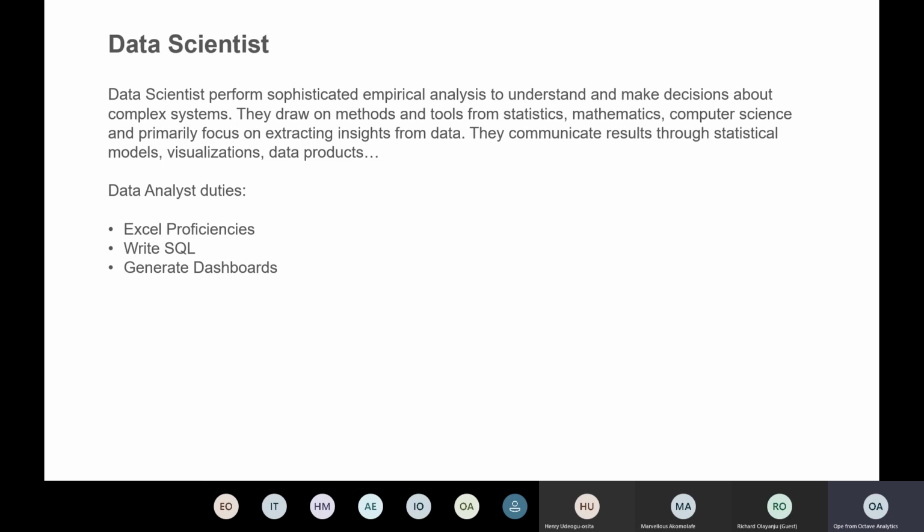But they are not aiming at bringing out insights, right? Or they may not necessarily be aiming at bringing out insights. But a data scientist will look at the job of a data analyst and create insights. So a data scientist is focused on extracting insights from data.